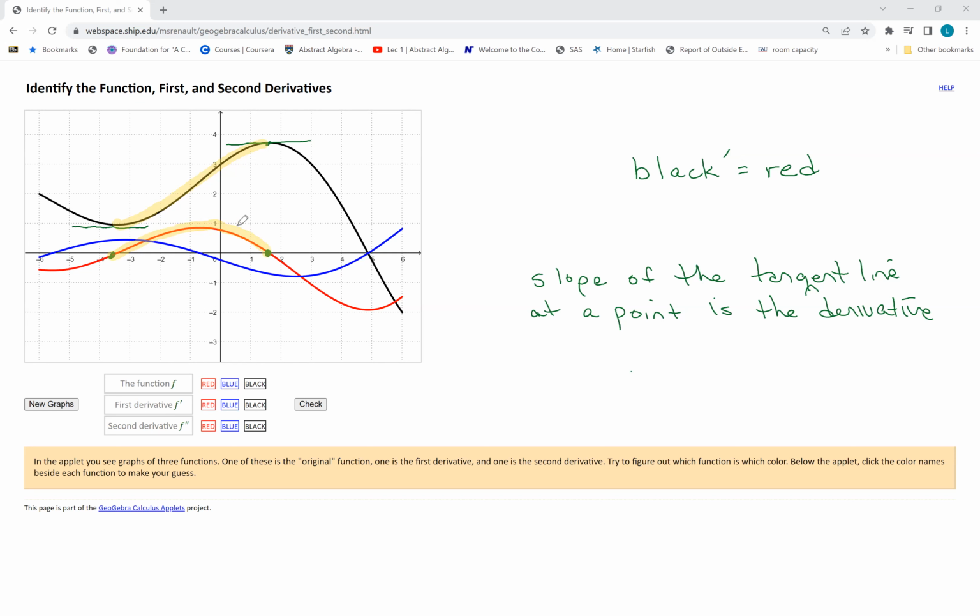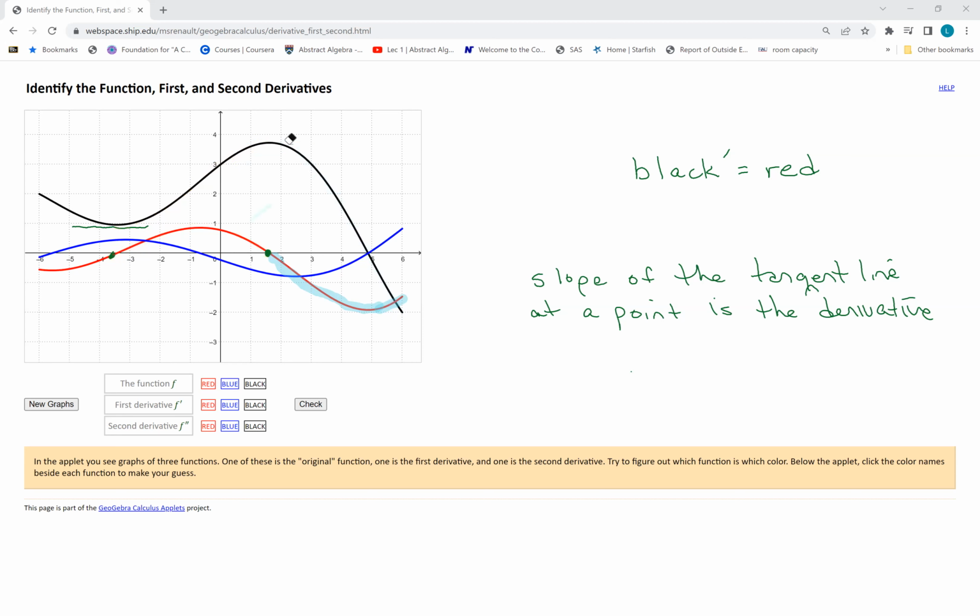The red line is above, not the slope, but the function is above the x-axis, which means that it's positive there. So that works. Notice then it gets negative from here to here. And if I look at the red line, it's below the x-axis, so it's negative that whole way. Okay? So I'm positive the derivative of black is red.